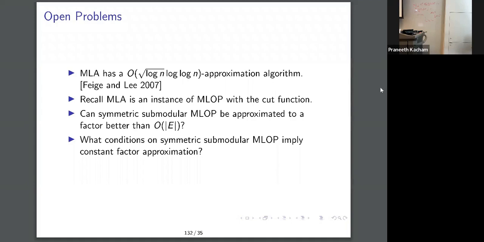So one plausible result would be to show symmetric submodular MLOP is harder than this to approximate, or just any non-trivial approximation for it. Because using the monotonicity strongly simplified the problem. It makes it too approximable. But without the monotonicity, for example, for the cut function, it makes it that hard.